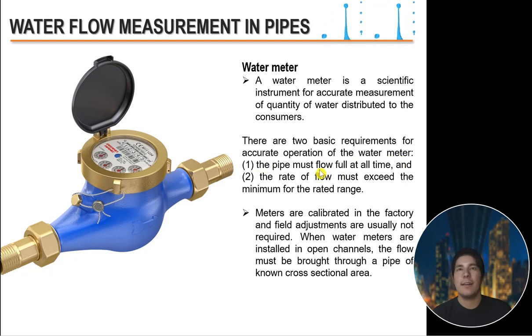Number one, the pipe must flow full at all times, and the rate of flow must exceed the minimum for the rated range. Meters are calibrated in the factory and field adjustments are usually not required. When water meters are installed in open channels, the flow must be brought through a pipe of known cross-sectional area.